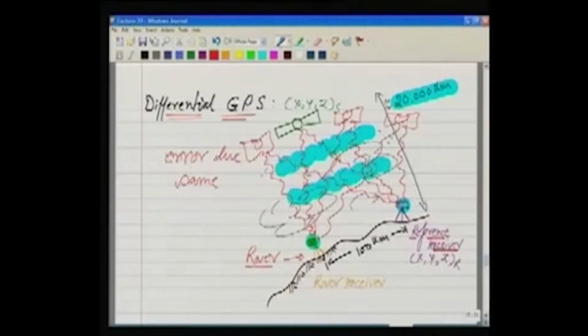So whatever is the error, because of the satellite clock and navigation data, that is also same at these two locations. These two locations means the location of the receiver and the location of the rover. So both of these are same. Now, how do we make use of this?